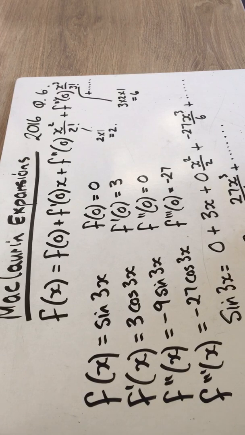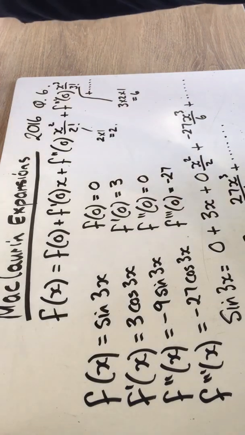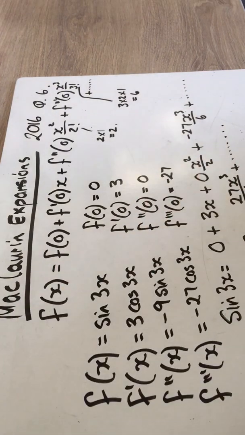Just simplifying the 27 over 6, we can divide top and bottom by 3, and we'll get 9x cubed over 2, and that is it, simplified. So that's us worked out what the Maclaurin expansion for sine 3x is, and all we need to do now is the same for e to the 4x.